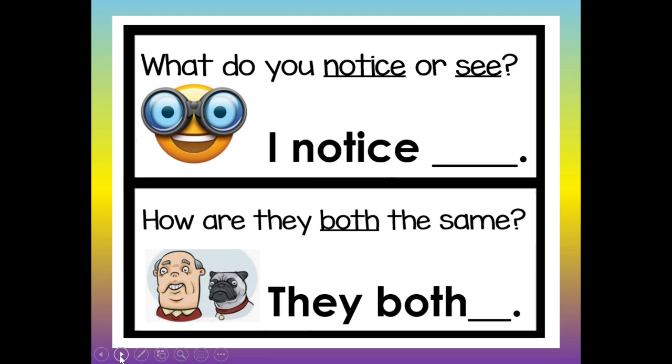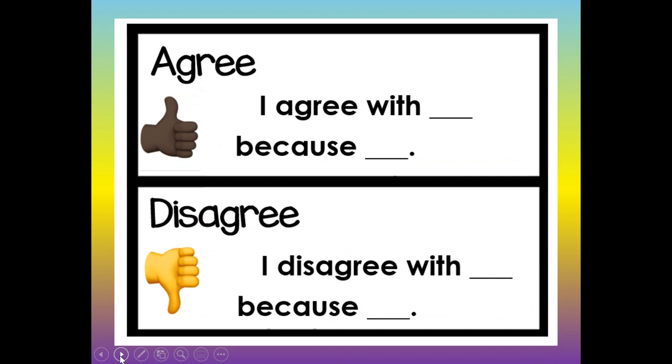I'm going to ask the same questions for each pair of pictures. What do you notice or see? And you can say, I notice or I see. And how are they both the same or similar? They both. All right. If you have a partner, you can also say, I agree.